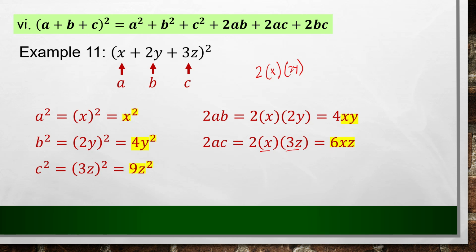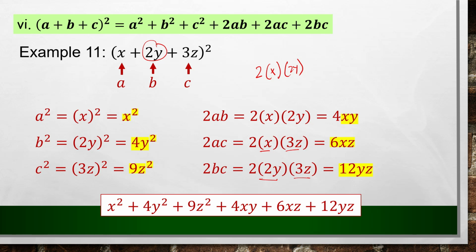All right, and then for the last term, which is 2bc, so that's 2 times b, which is 2y, and then c is 3z. So 2 times 2, which is 4, times 3, which is equal to 12yz. So once you have those values, all you need to do is to put all of them together. There you go. That will be the answer.